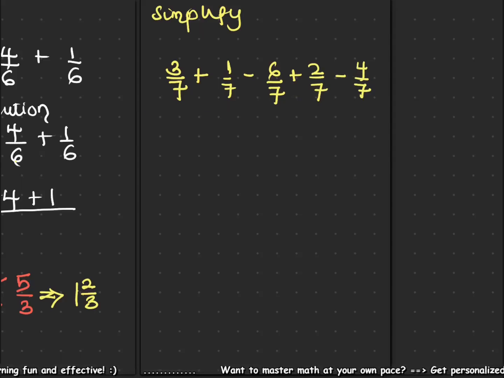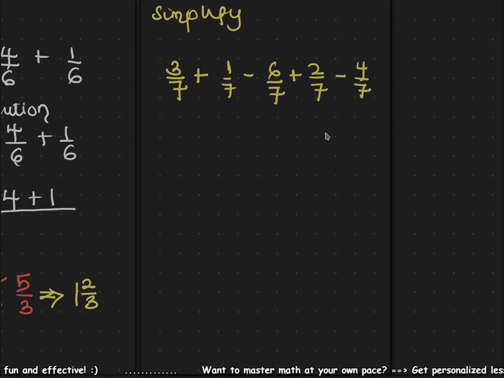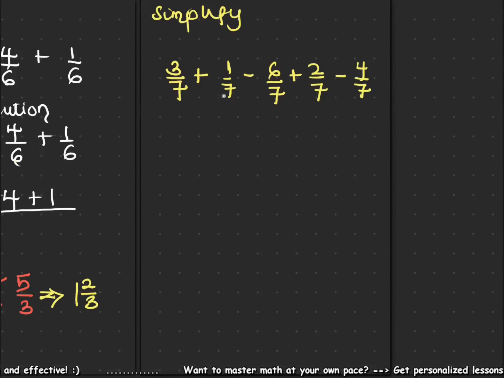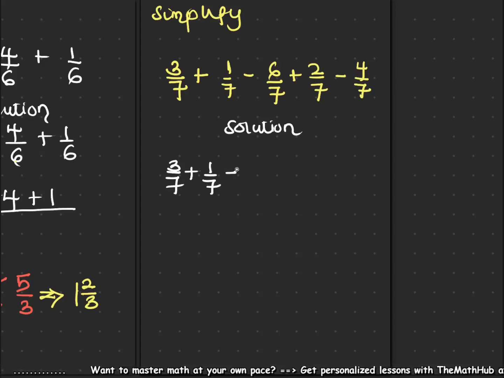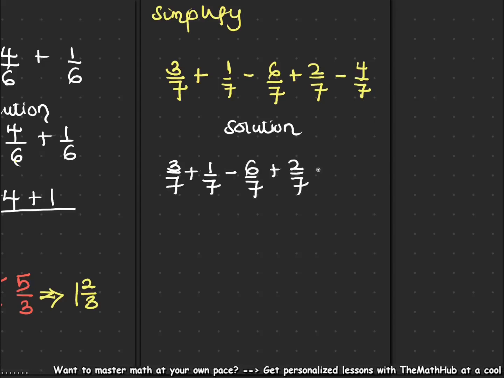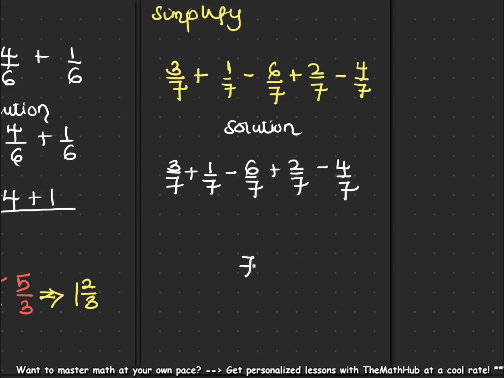Once again, looking at the denominators, we can see that they are all like fractions. Hence, how do we evaluate? Our LCM gives us 7.